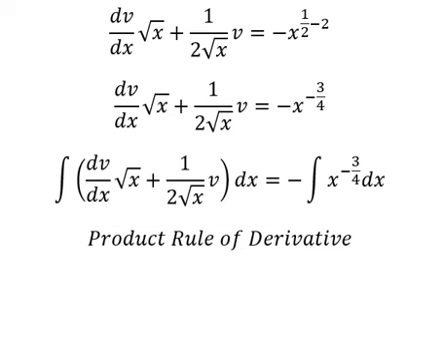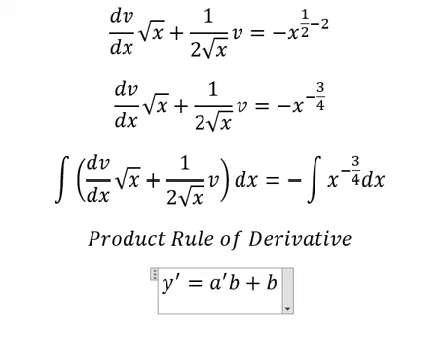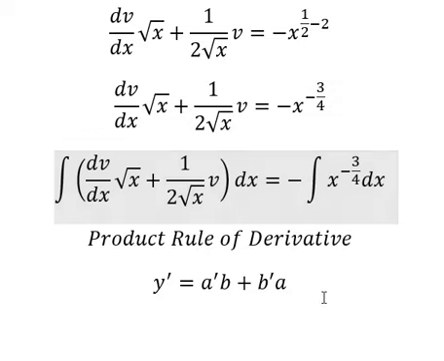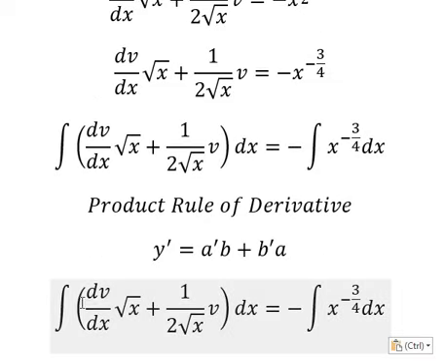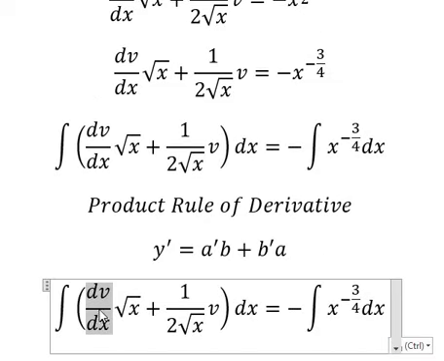So we have the first derivative of y equals the first derivative of u multiplied by v plus the first derivative of v multiplied by u. For this one, we have the first derivative of u multiplied by v.